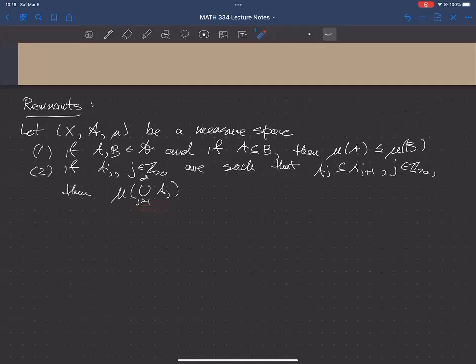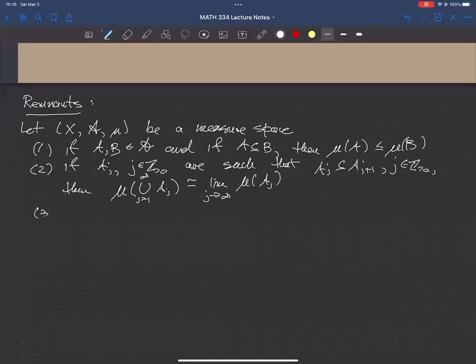So really, the union from j equals 1 to n is just A_n because of the increasing nature, and so what you would expect might be true, and is true, is that this measure is just the limit as j goes to infinity of mu of A_j. Okay, because of this increasing nature of the size of the sets. Okay, good.